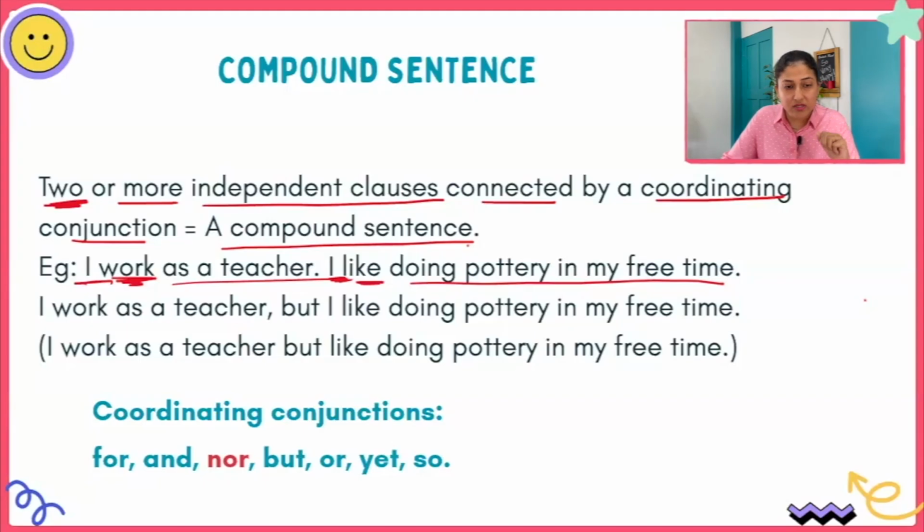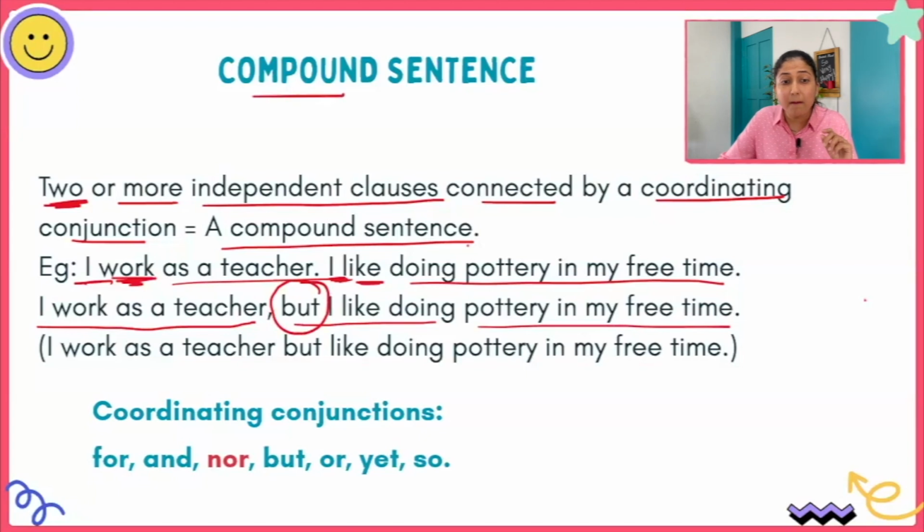So this compound sentence would be, I work as a teacher, but I like doing pottery in my free time. So now, because we have used a coordinating conjunction, this is a compound sentence. All right, this much is clear?